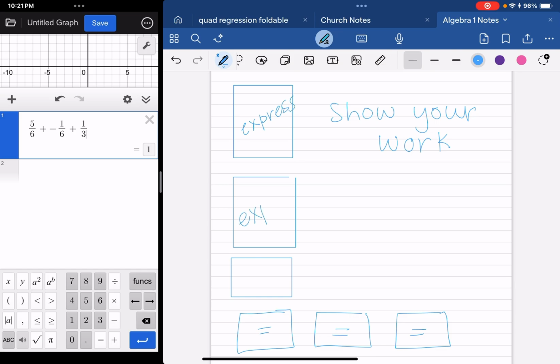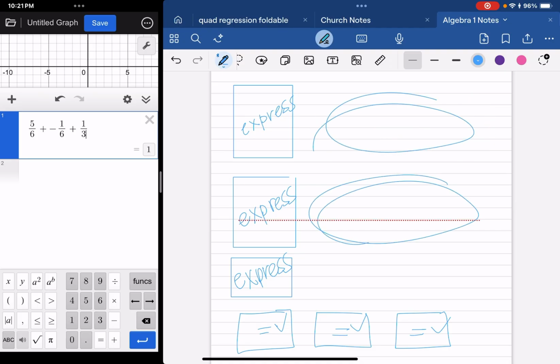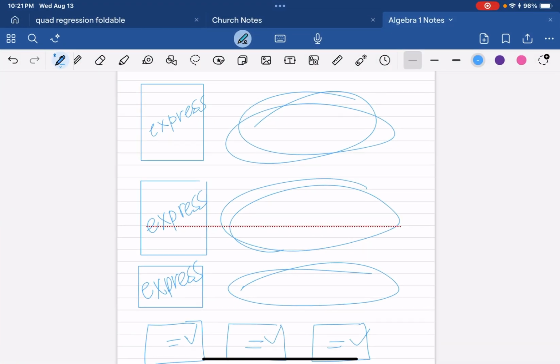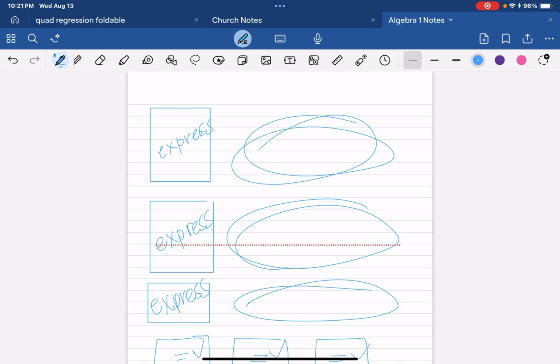And then after you're done gluing those down, now you glue in your equations, the ones with equal signs, on the bottom of your paper. Show your work by simplifying the expressions to the right of it, okay? All right. So again, expressions, distribute, combine only.